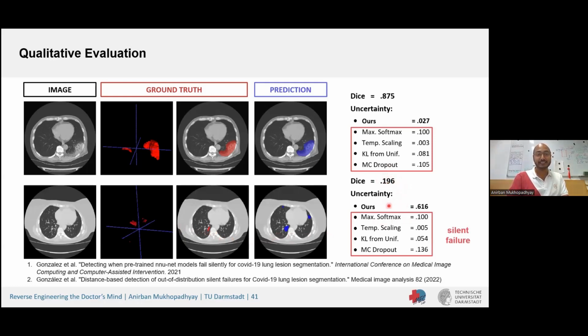You can see the dice is pretty low, but all these methods are giving rather similar numbers in terms of uncertainty, whereas ours is the only one that really gave a high number in terms of uncertainty. That is, don't rely on what we are talking about. You should really talk to a radiologist. So that's the first part, actually detecting when the network is not doing well.